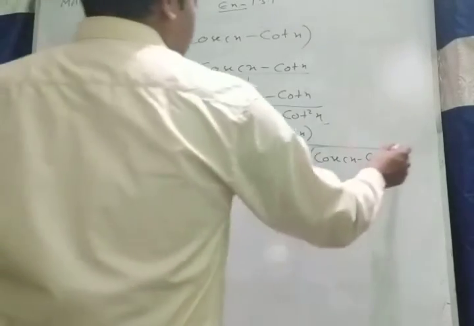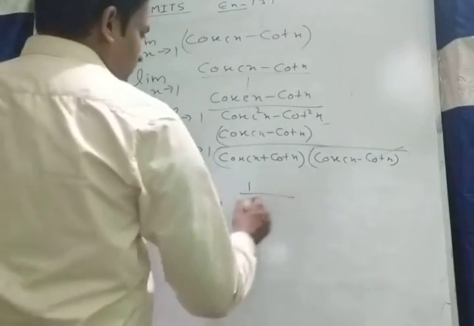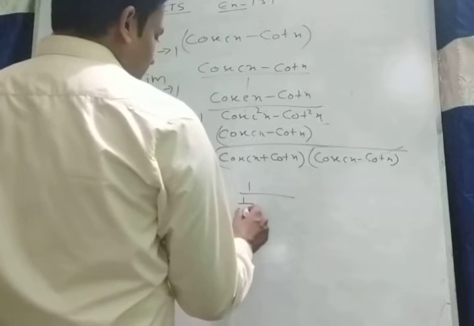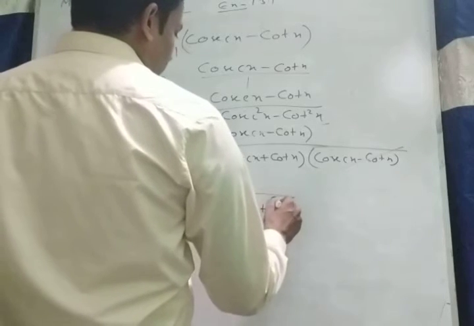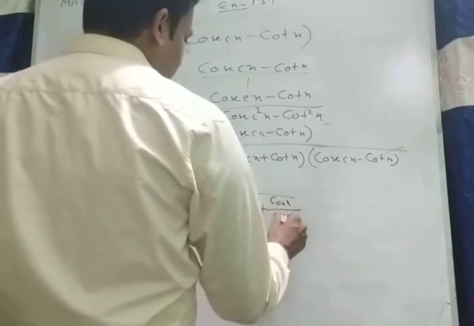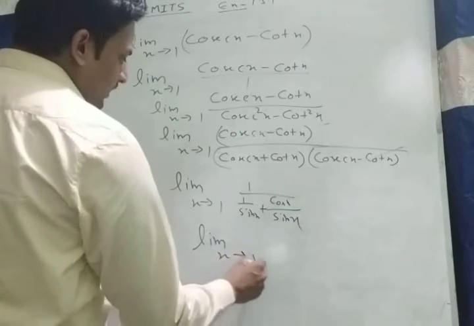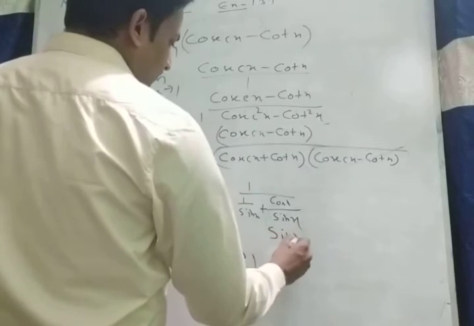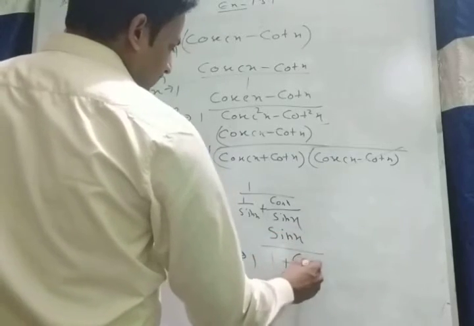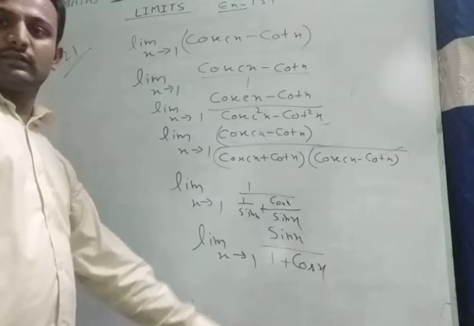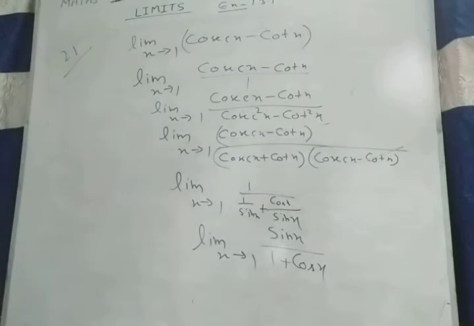Now this is cancelled. So you get 1 by sin x plus cos x by sin x. We get limit x tends to 1 sin x by 1 plus cos x. Okay, we can write this.